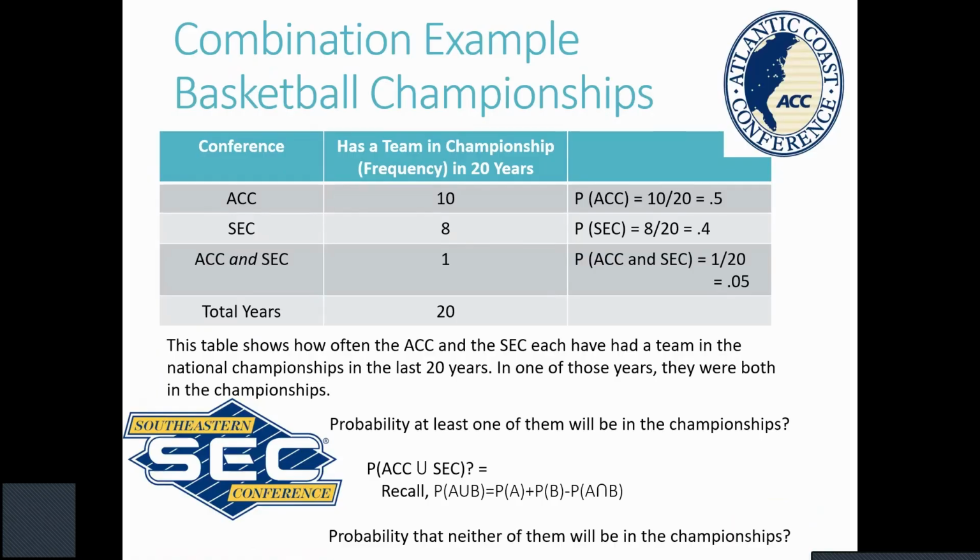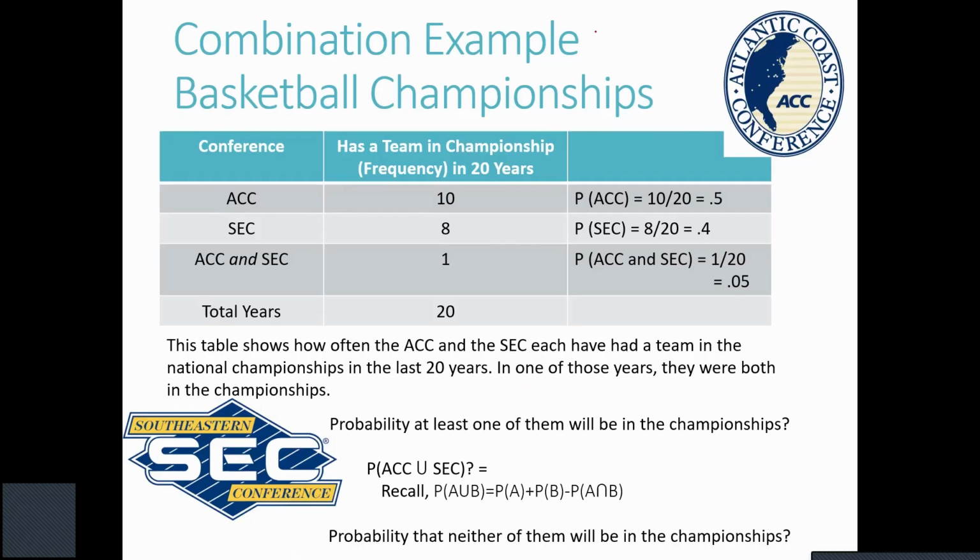And we're looking at 20 years of data and whether they have had a team in the championship. Okay, so the ACC has had a team in the championship for 10 out of those 20 years. All right. And the SEC has had a team in the championship for 8 out of those 20 years. But in one of those years, they were both in those championships.